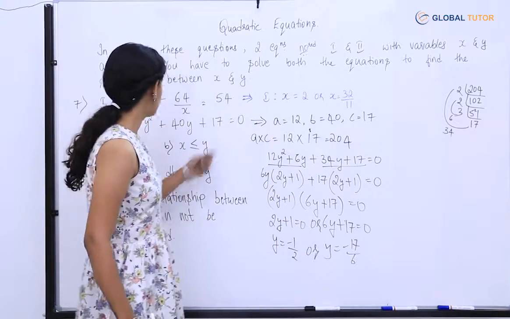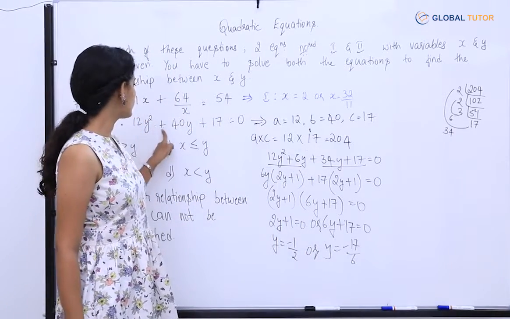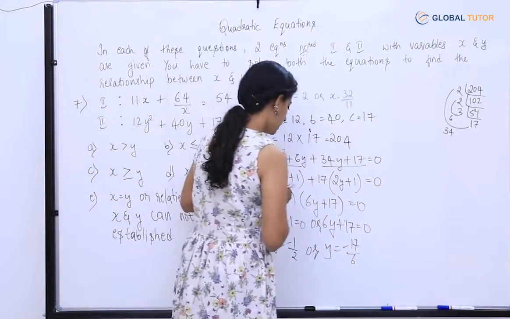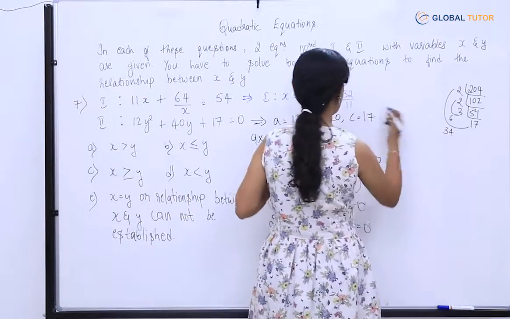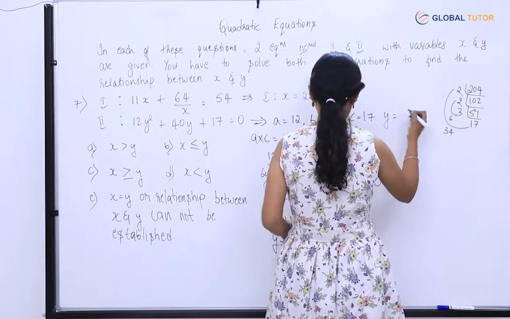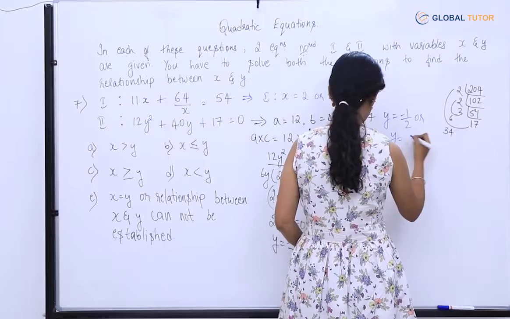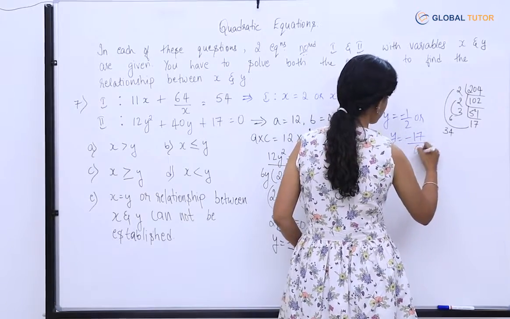So we've got the values for the second equation, 12y square plus 40y plus 17 is equal to 0. So y is equal to minus 1 by 2 or y is equal to minus 17 by 6.